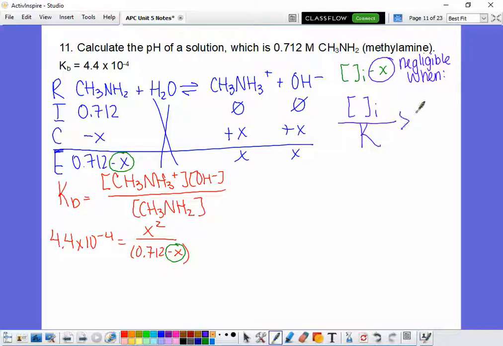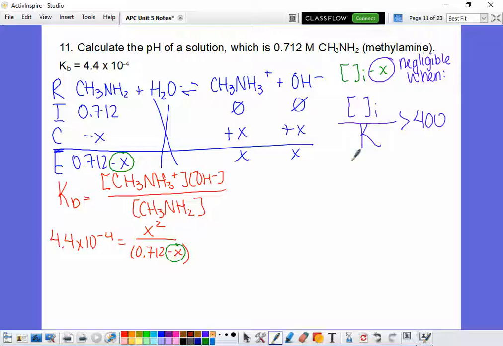If that is greater than 400, then it's negligible. This formula was derived from the 5% rule. It's just a different way to go. This is an easy check before you even solve for x if you can get rid of that minus x to begin with. Okay. So let's practice with this one.